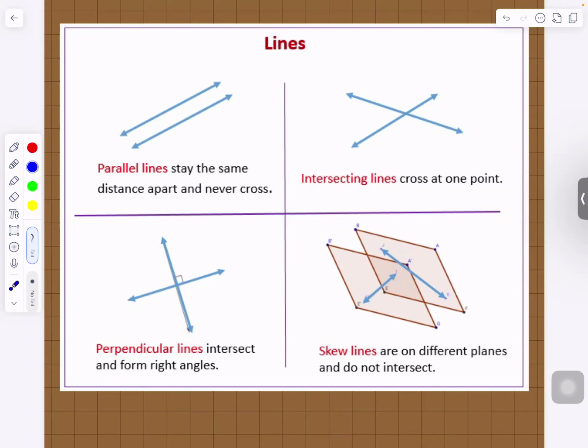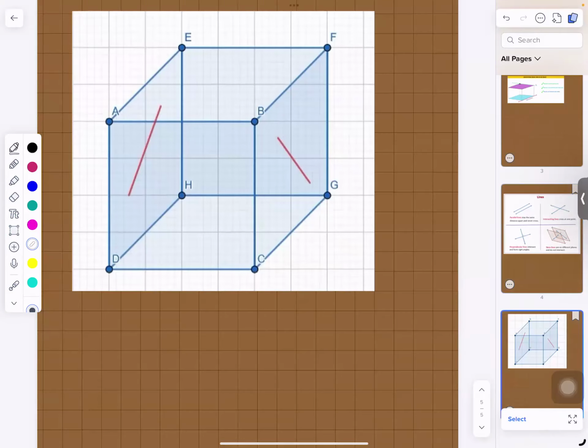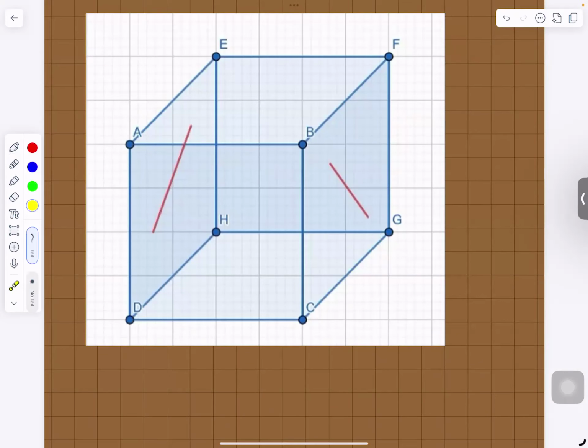So the question we want to do now is to show two lines are skew. That's the maths question, to show that two lines are skew. So that will be the title. And in a box, you will see these two skew lines, one at this plane and the other one at this plane. These two lines are not parallel to each other.